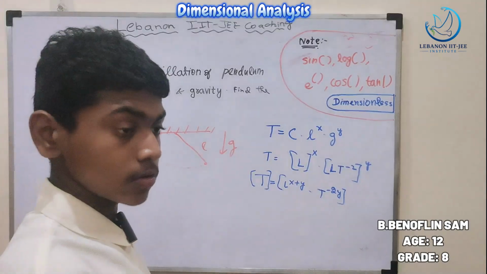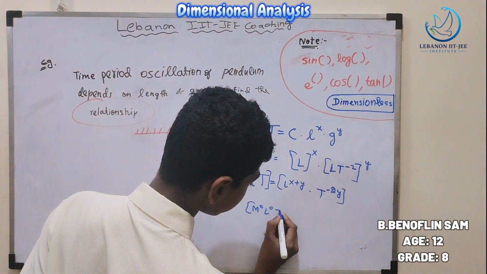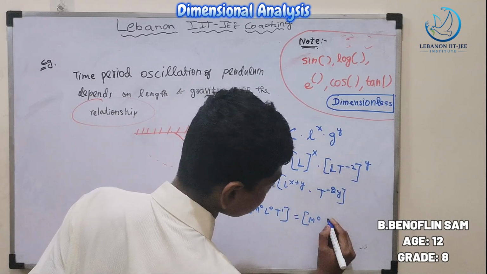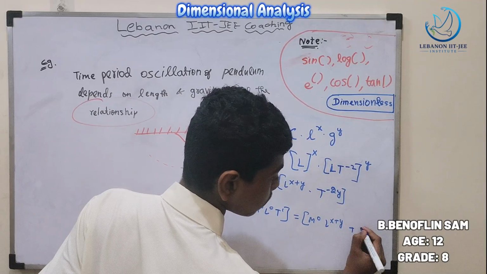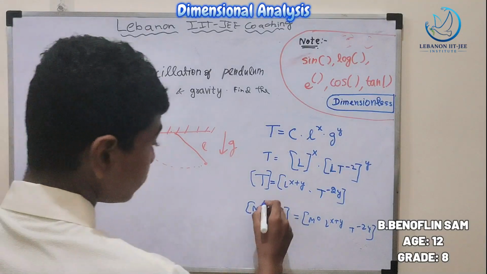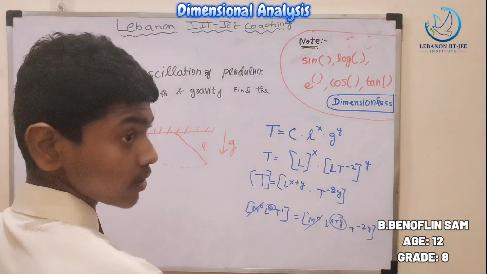Here you write M^0 L^0 T^1, and here M^0 L^(x+y) T^(-2y). M^0 we can cancel. You have to compare the powers like this.